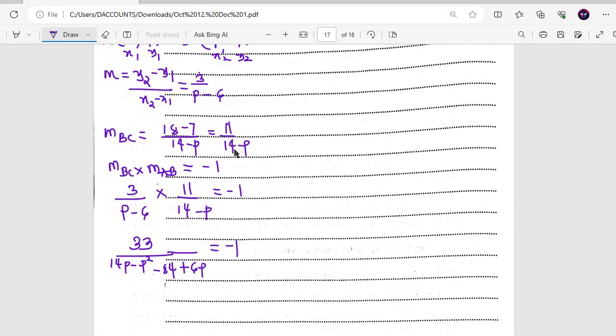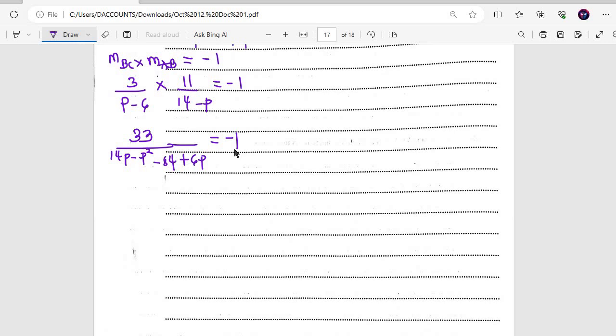Let me just do it like this. We have 33 over minus P squared, 14P plus 6P, that's 20P, minus 84, equal to minus 1.